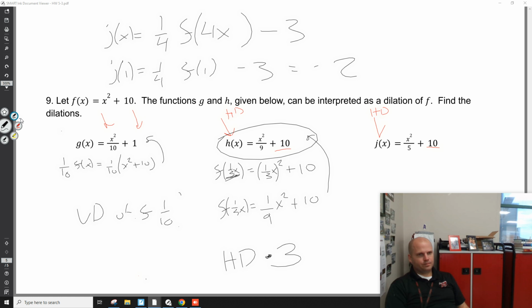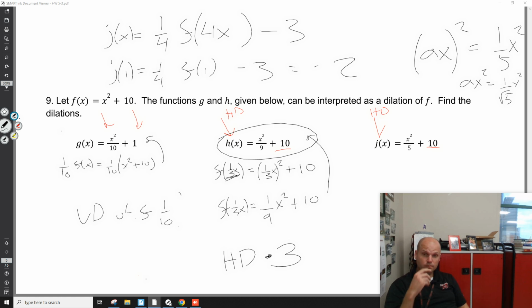This one's fun. How do I get a 1/5? Well, it's like some constant times x squared will equal 1/5. Square roots, and you got the square roots of 1/5. So I want a 1 over root 5.